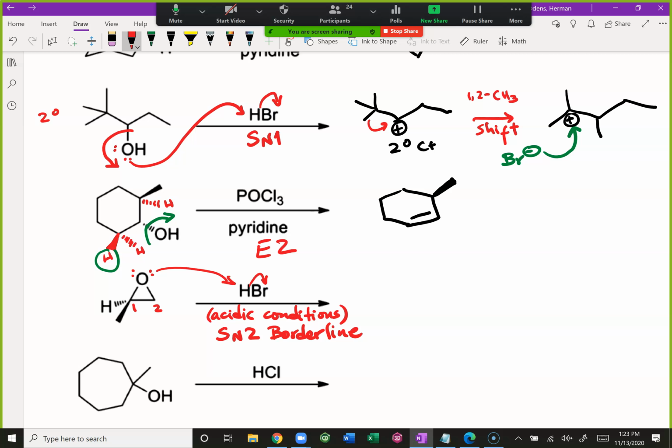The most substituted, exactly right, and that would be 1. So your bromine will attack right there, and it will open up this ring. It'll come from the opposite direction of where the ring is. So if the ring is up, the attack will come from the bottom, and vice versa. Notice that now that methyl group is going to be pushed up, but it will still be facing us.